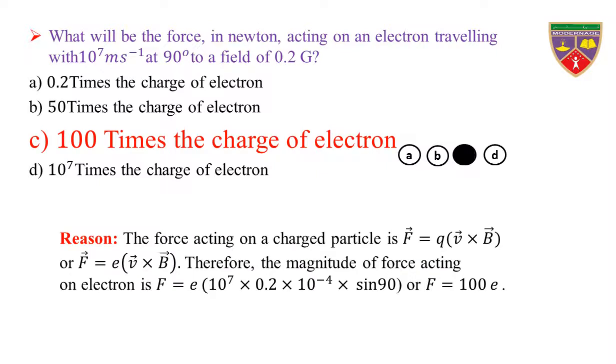Reason: the force acting on a charged particle is F = q(v × B), or F = e(v × B), where e is the magnitude of the charge of the electron.